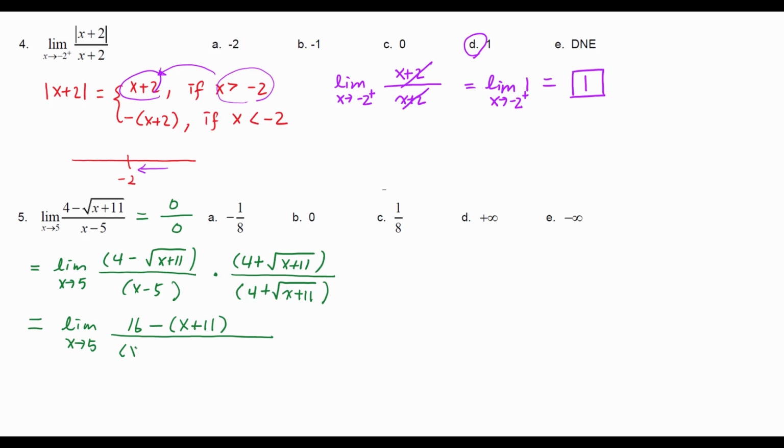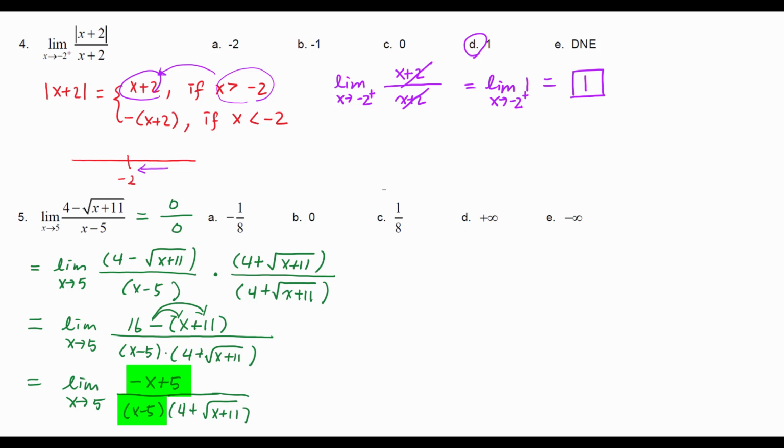And now my denominator is x minus 5 times 4 plus radical x plus 11. And my numerator, when you distribute the negative, you get negative x minus 11. So you get minus x plus 5. So you get limit as x approaches 5 of negative x plus 5 over x minus 5 times 4 plus the square root of quantity x plus 11.